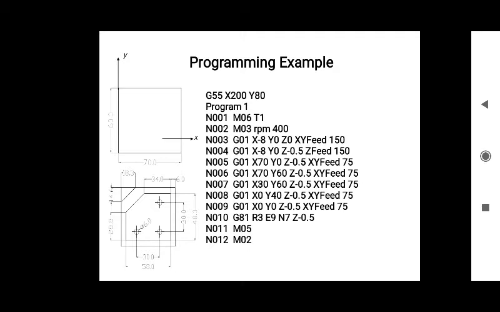Here our cutter is moving from here to here in the 6th block. Here you can see our cutter is moving in this direction. In Y you can see the coordinate X70 Y60.